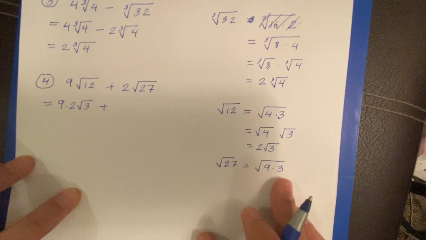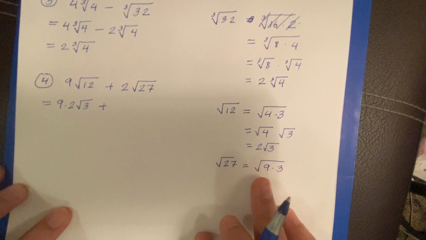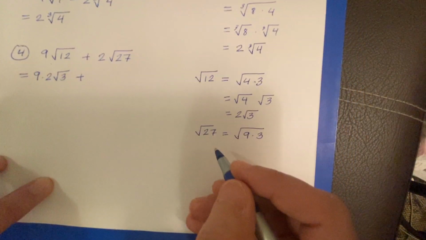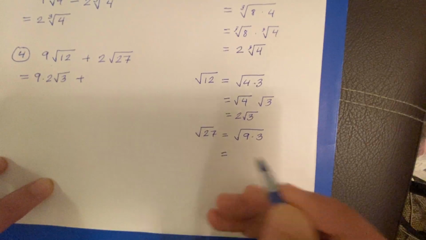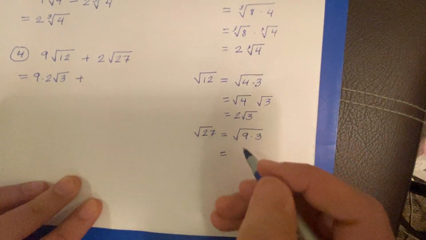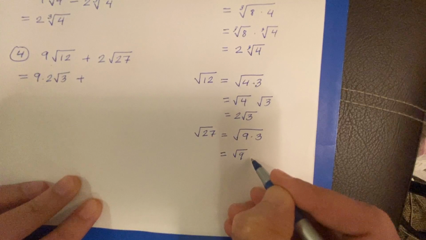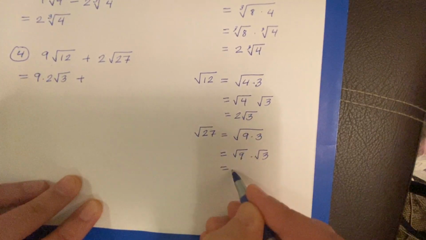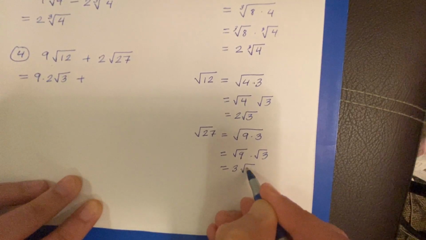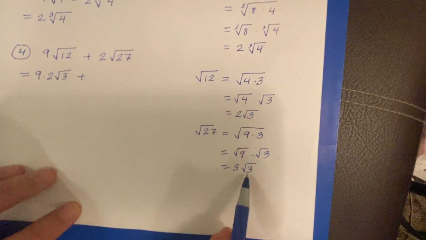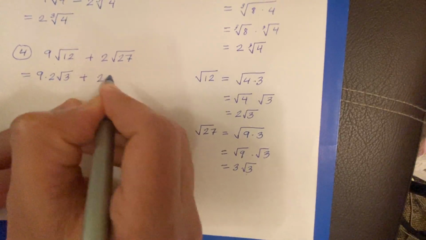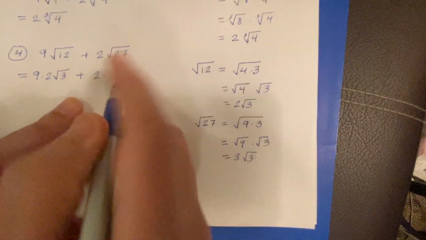Because 9 times 3 is 27, and we can also take the square root of 9. Square root of 9 times square root of 3 is 3 times square root of 3, right? So again, now here we can say 2 times, now we have 3 times square root of 3.